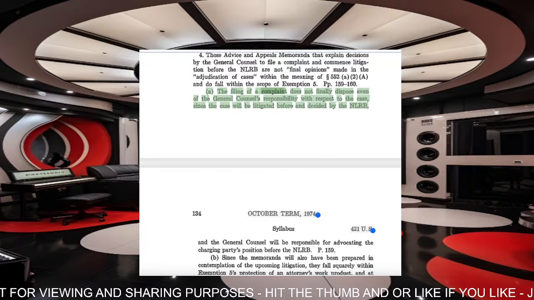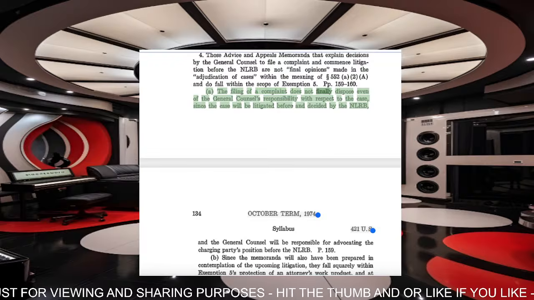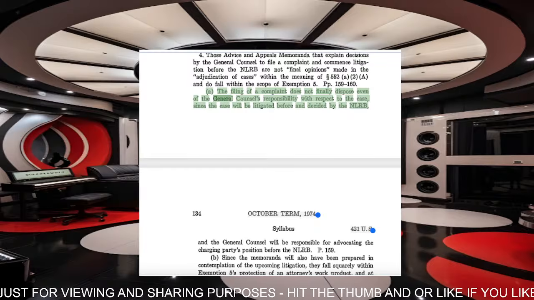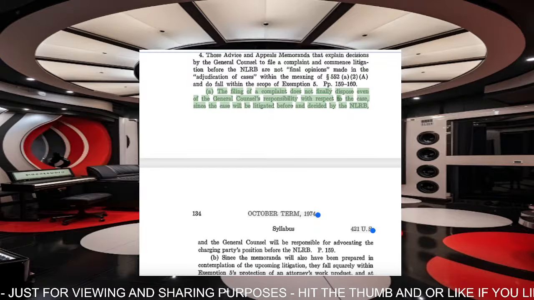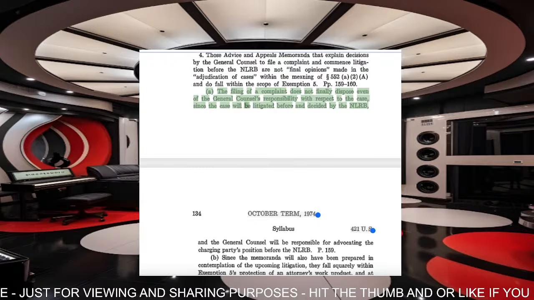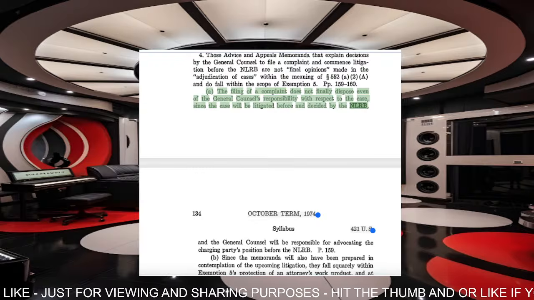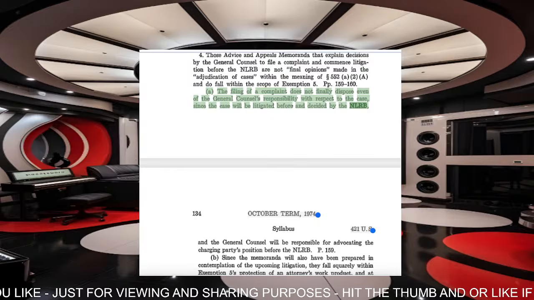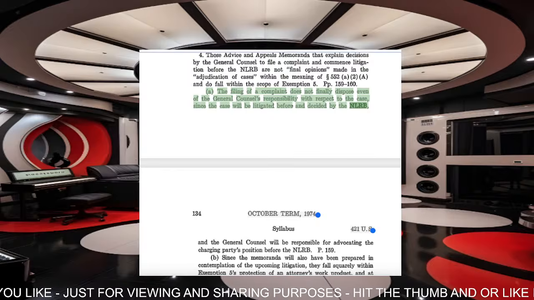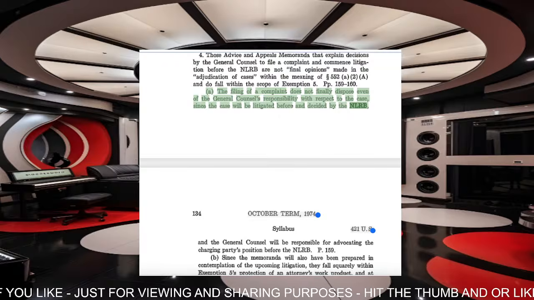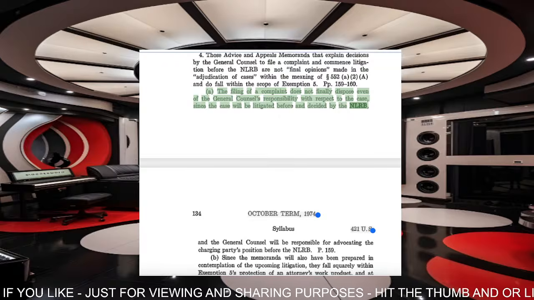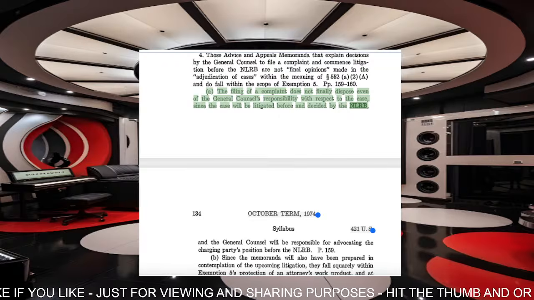The filing of a complaint does not finally dispose even of the General Counsel's responsibility with respect to the case, since the case will be litigated before and decided by the NLRB.